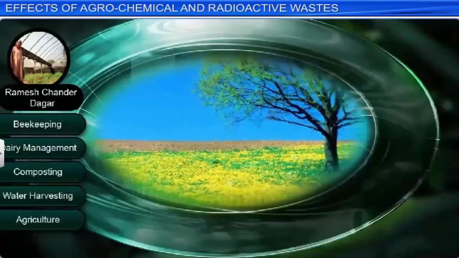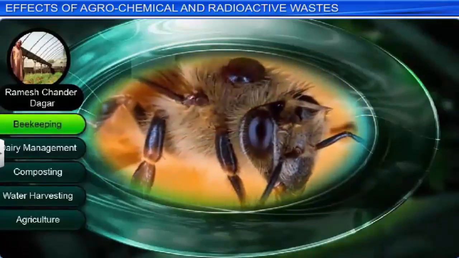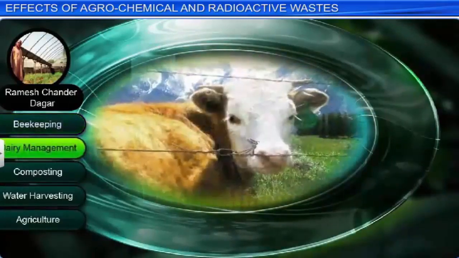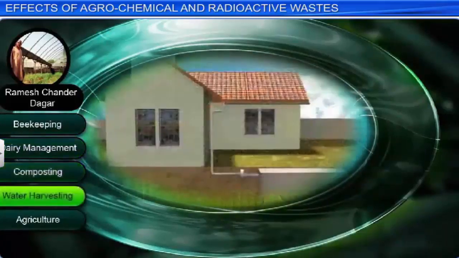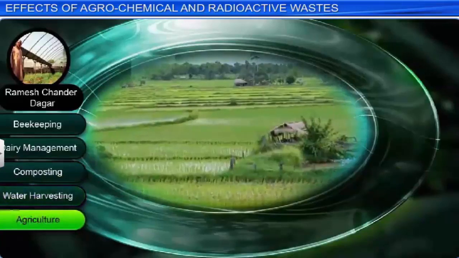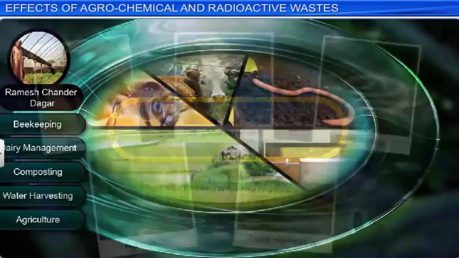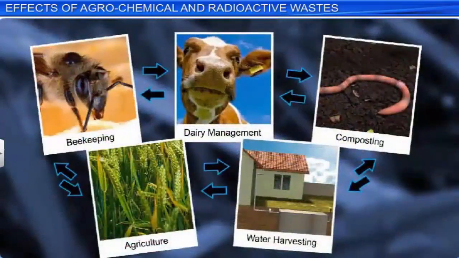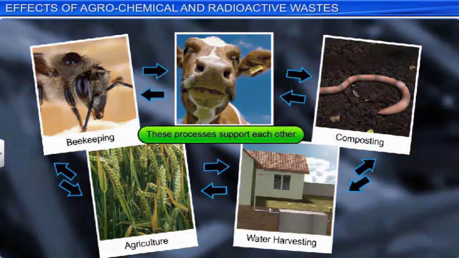He has implemented environment-friendly activities like beekeeping, dairy management, composting, water harvesting, and agriculture, which function as a chain of processes. These processes support each other and form an economical and sustainable venture.